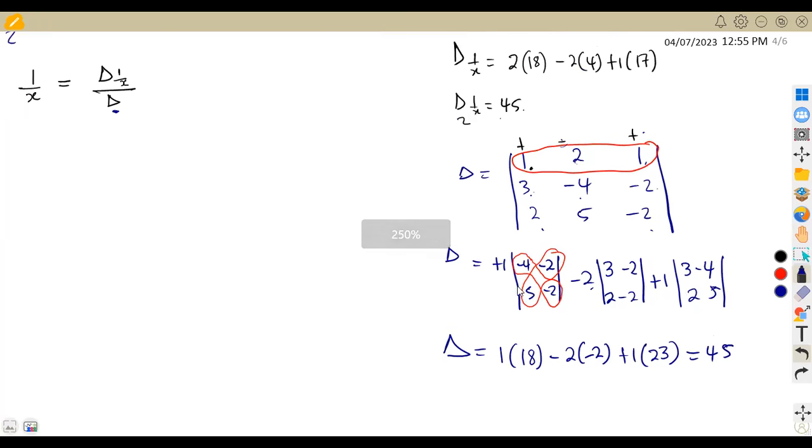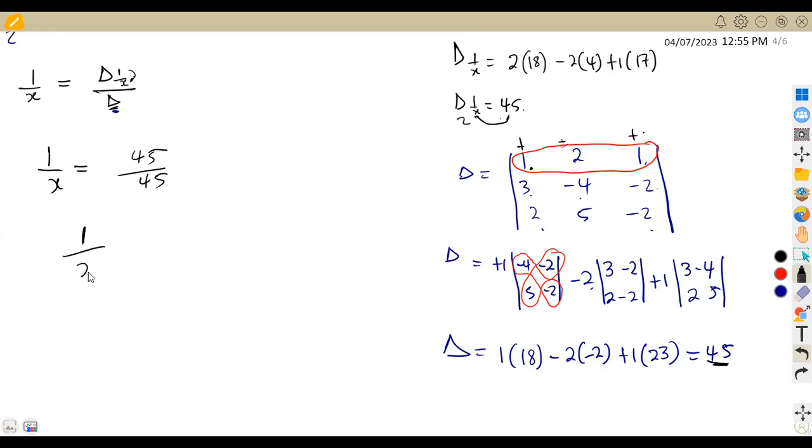So the question is, to find x, we are now back to our formula. 1 over x is equal to the determinant with respect to 1 over x, which is 45, over the determinant with respect to constants, which is 45.